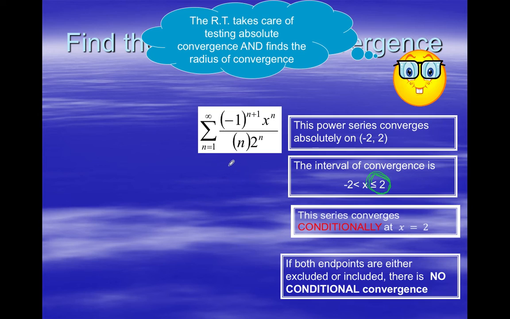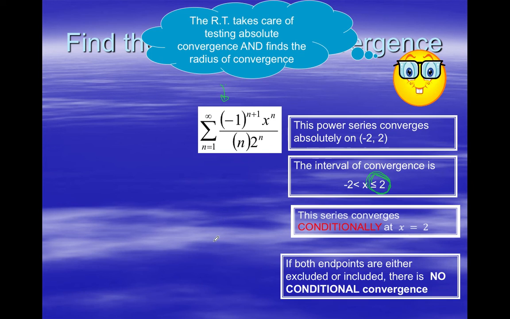And when I put that right endpoint in, I had the alternating series, right? So the only way to get convergence at 2 was if you had the signs bounce back and forth.